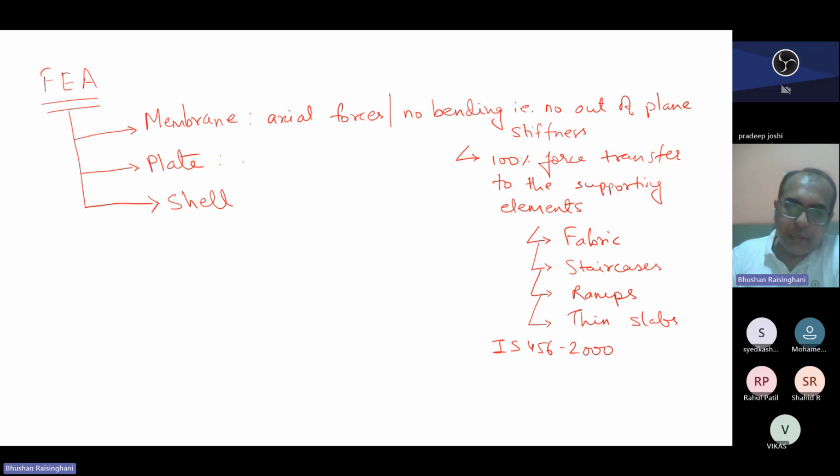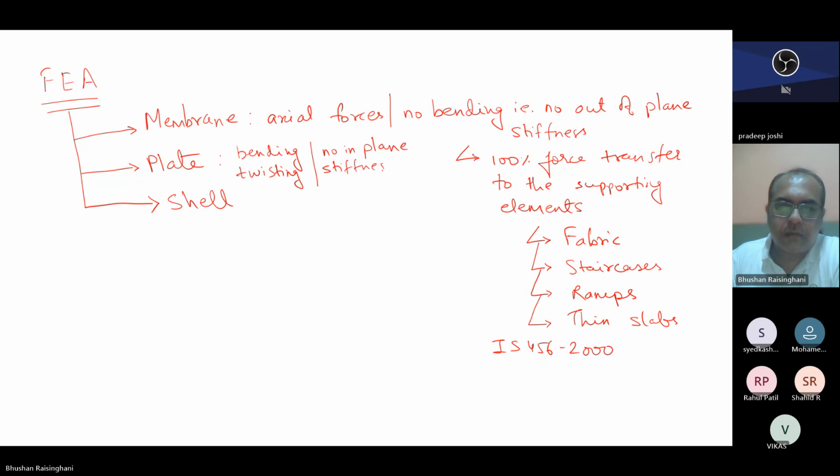Now, when we go to the plate element, what is it basically representing? Bending and twisting. So twisting action and bending action, both the plate element is able to take, but no in-plane stiffness is accounted, and shear is not accounted.